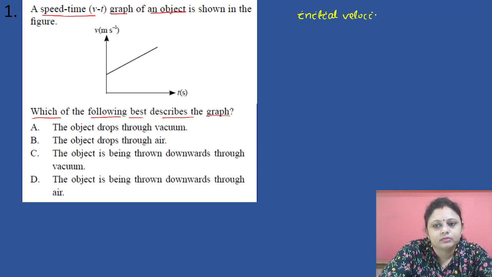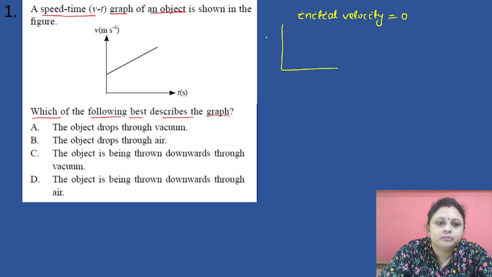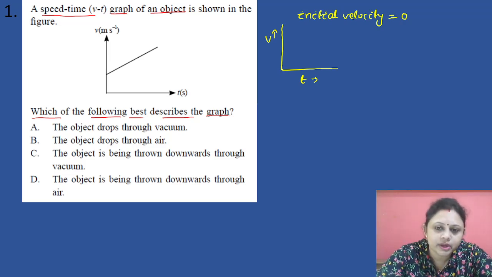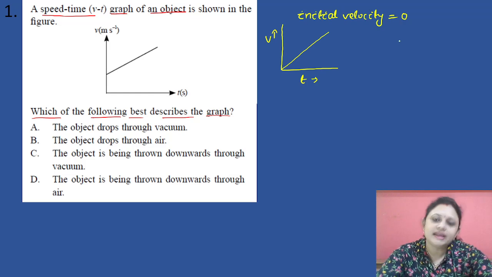velocity will be 0. So if we draw a graph between speed on the y-axis and time on the x-axis, if the initial velocity is 0 and there is constant acceleration, then the graph will be like this.